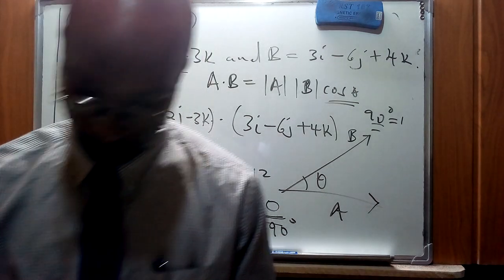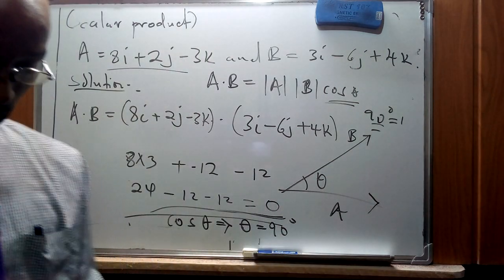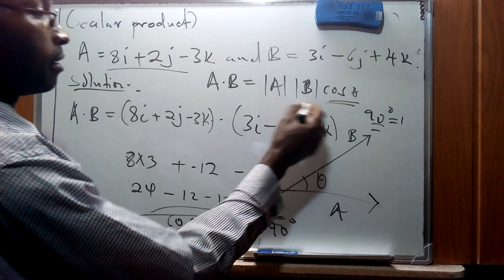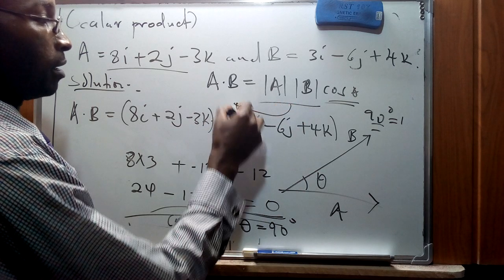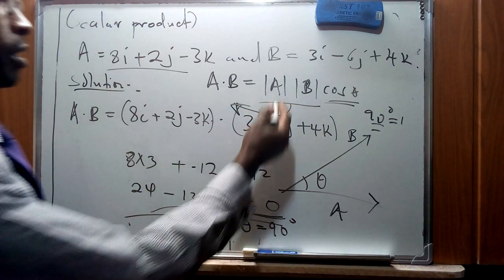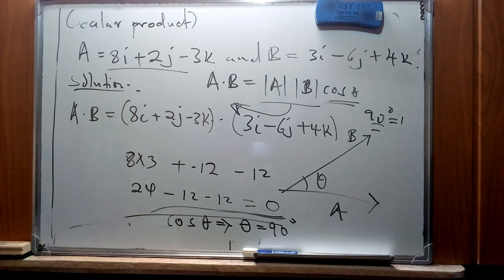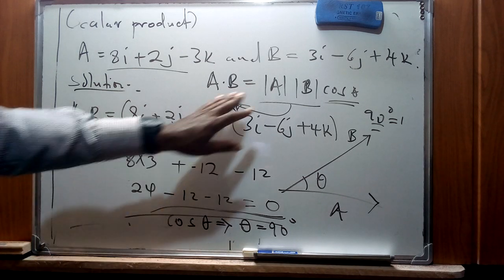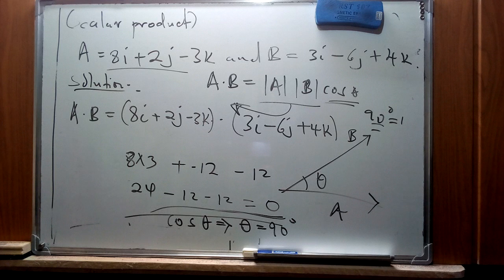Therefore, we can also find the angle between them by making a division of this section of the formula at those specific points. And of course, we have already seen how to find the modulus, or the magnitude, of vectors by finding the root of the sum of the squares of those specific components for x, y, and z.